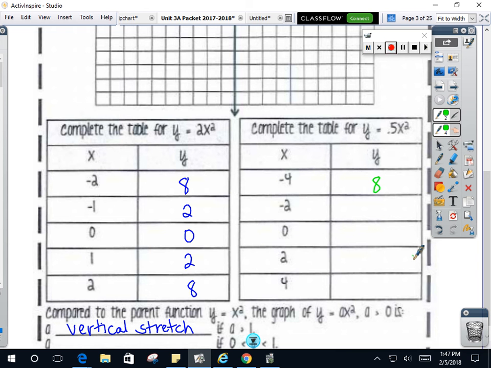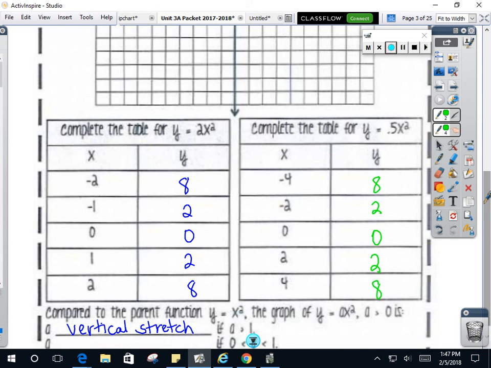If you plug in a negative 2 and you square it, you get 4, but half of 4 is 2. If you plug in a 0 and square it, you get 0, and then half of 0 is 0. If you plug in a 2 and square it, you get 4, and half of that is 2. And then if you plug in a 4 and square it, you get 16, half of that is 8.